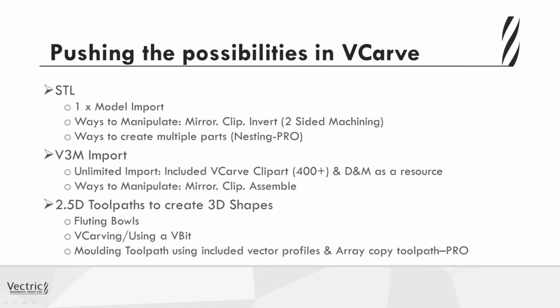So the 3D STL import with the moulding toolpath to create a panel. We then showed you how you can use the array copy toolpath to create multiple parts, finished assembled parts to machine, as well as then reversing that to show how you could then turn that into a mould. And so that completes this presentation. Thank you for watching.